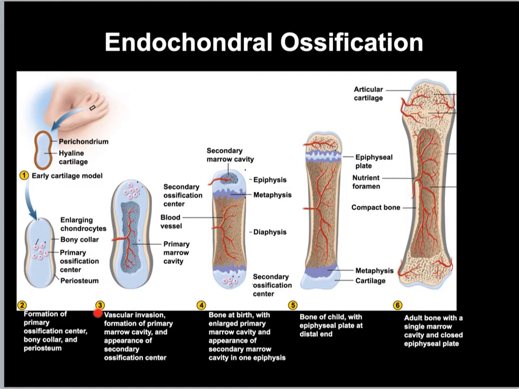In step 3, you have osteoclasts come in and burrow a hole through the bony collar, and you have blood vessels come in and nurture the primary ossification center. And in the primary ossification center, we're actually going to start carving out our marrow cavity.